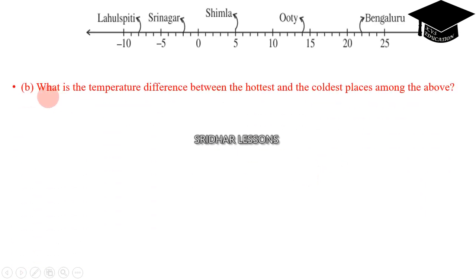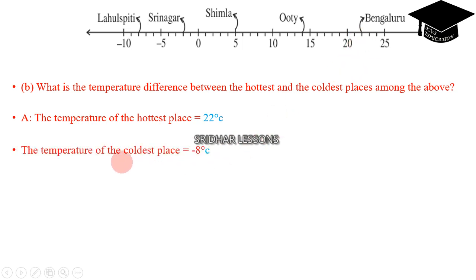Next question. What is the temperature difference between the hottest and the coldest places among the above? From the number line, the temperature of the hottest place, Bangalore, is 22 degrees centigrade. The temperature of the coldest place, Lahaul Spiti, is -8 degrees centigrade.